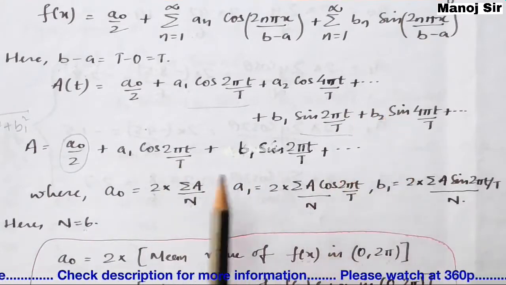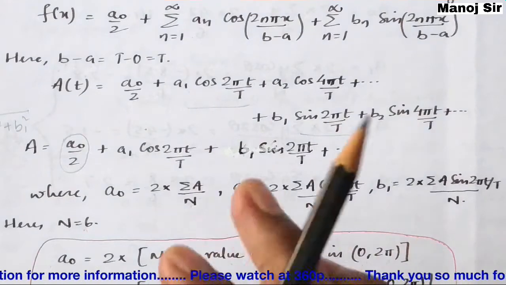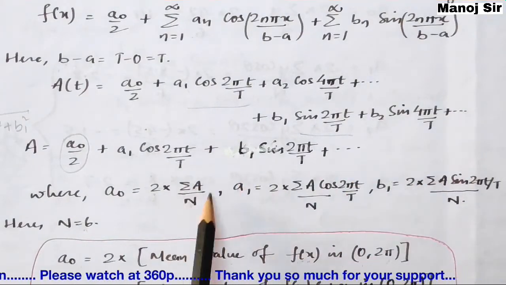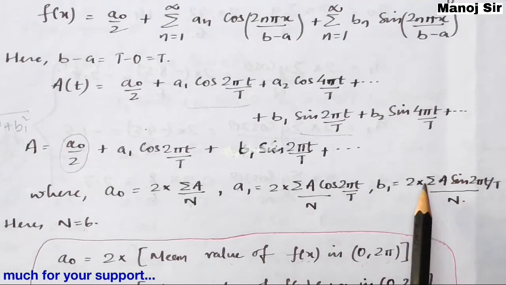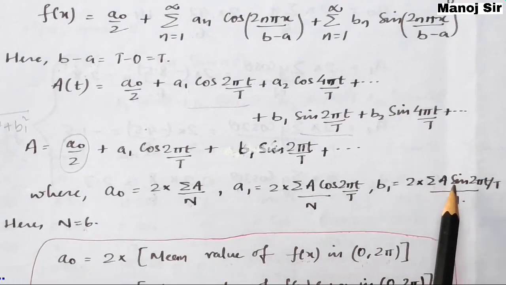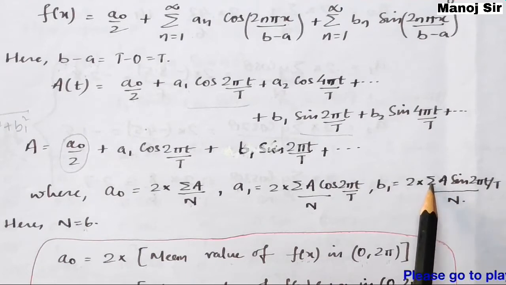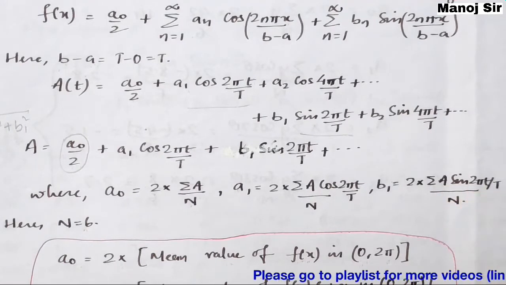In the later part of this video we will form a table, and from that table we will find the summation of a, the summation of a cos 2 pi t upon T, and the summation of a sine 2 pi t upon T.